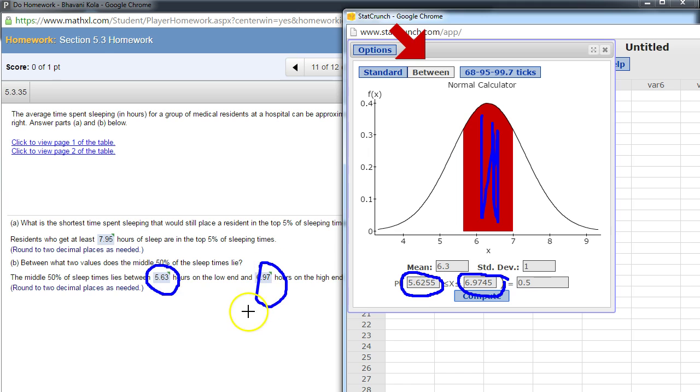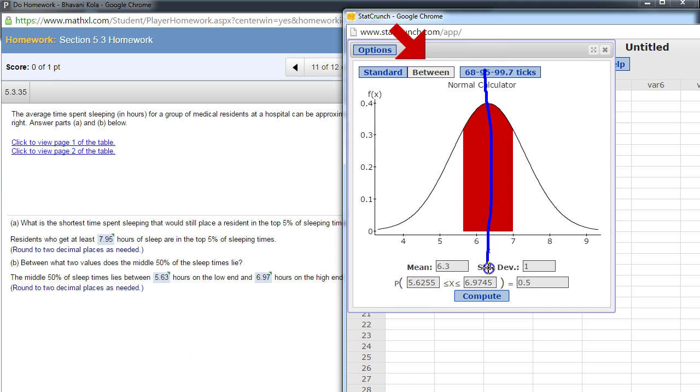So I'm trying to calculate what values of x I should have so I can get the area between those two x values as 50%. And keep in mind that the normal curve is distributed in half. So 50% means this is going to be 25% on this side and 25% on this side. All right, hope that helps.